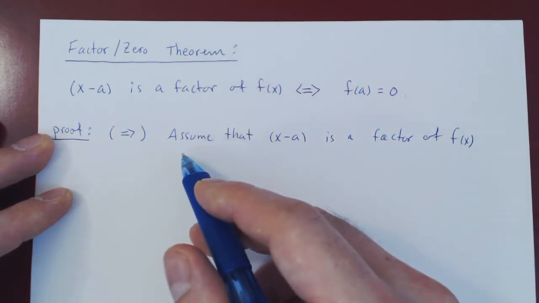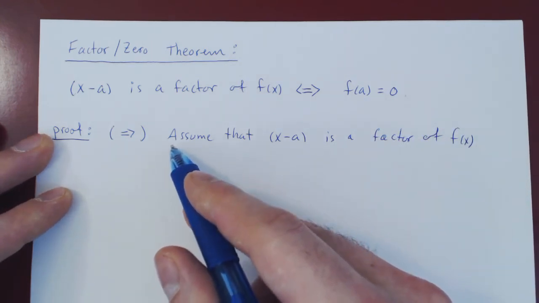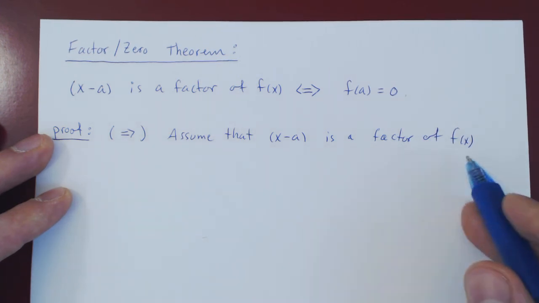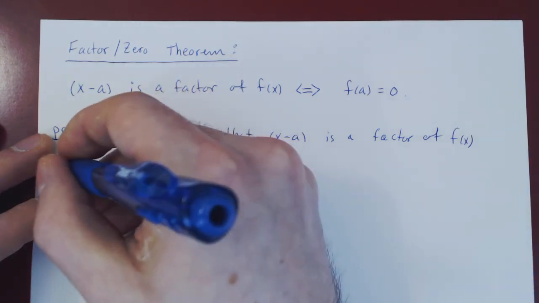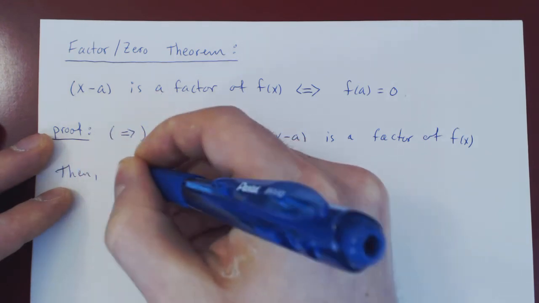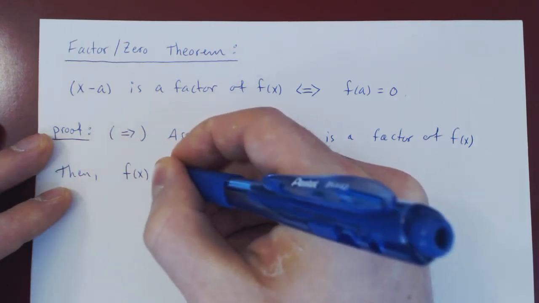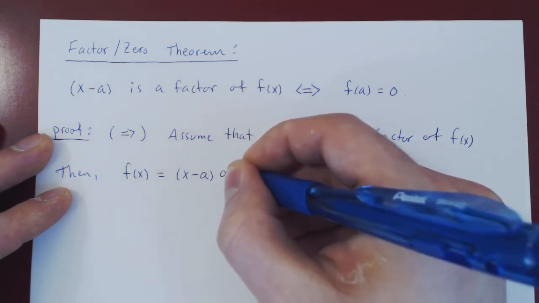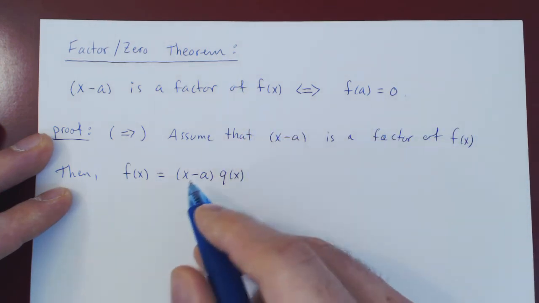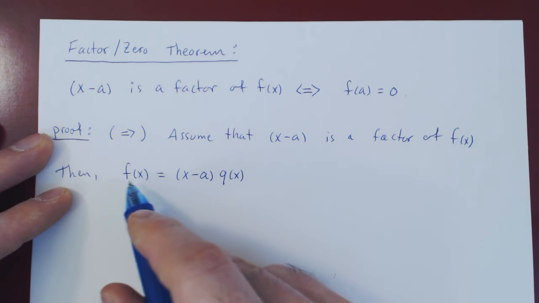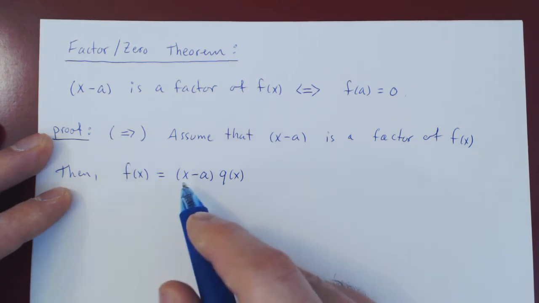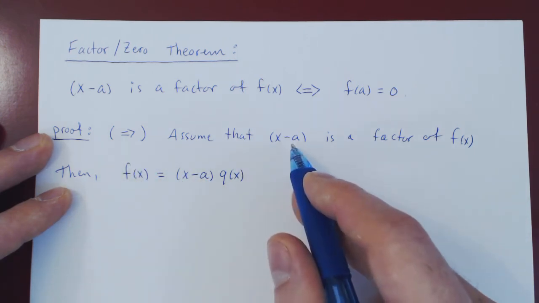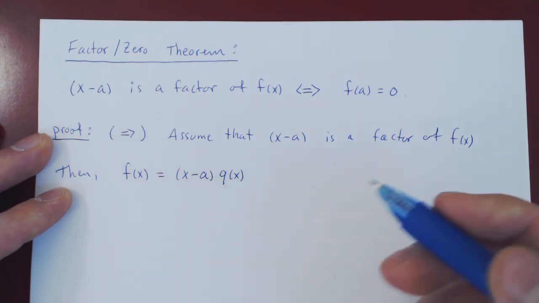Well, this will be the easy direction. If x minus a is a factor of f of x, what does that mean? Well, f of x is equal to x minus a times some other polynomial. That's what being a factor of f of x is, right? F of x is x minus a times some other polynomial.